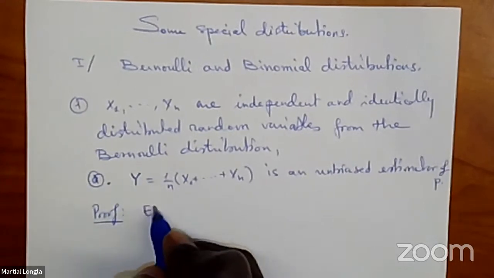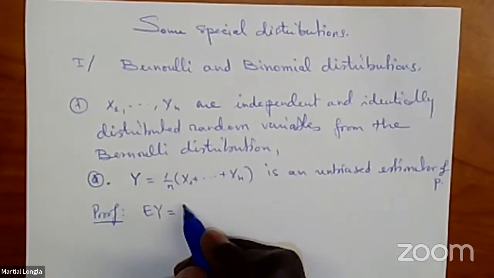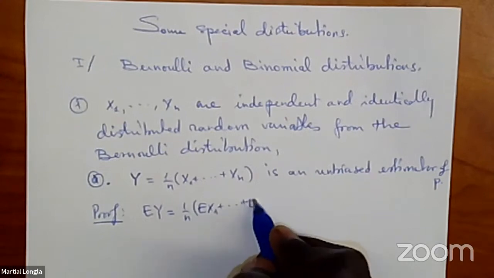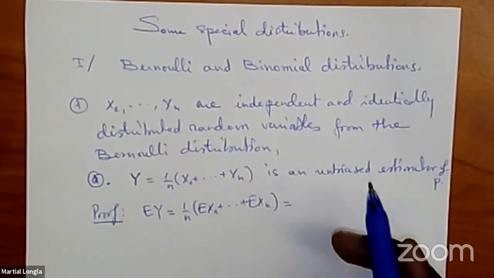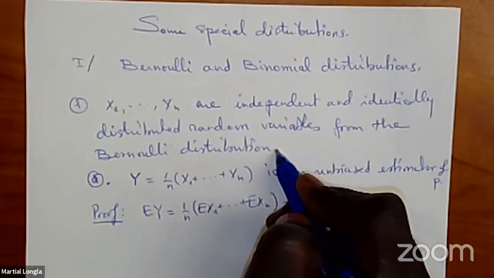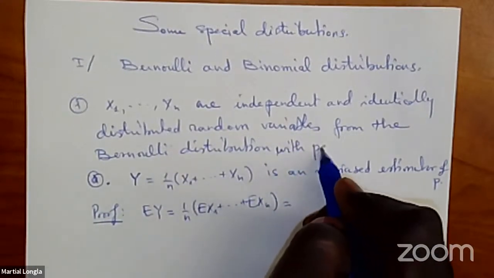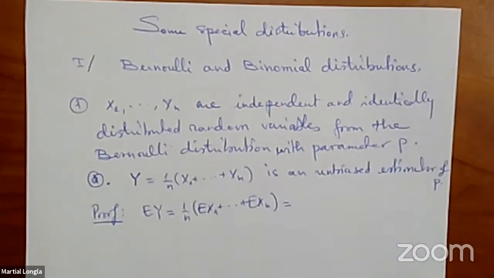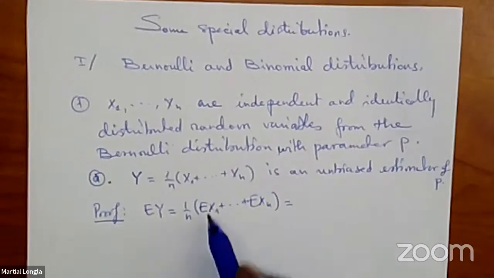The expected value of y equals 1 over n times the expected value of x1 plus and so on. Because they are all from the Bernoulli with parameter p, the Bernoulli distribution has one parameter p, which is the probability of success, and the expected value of x is equal to p.